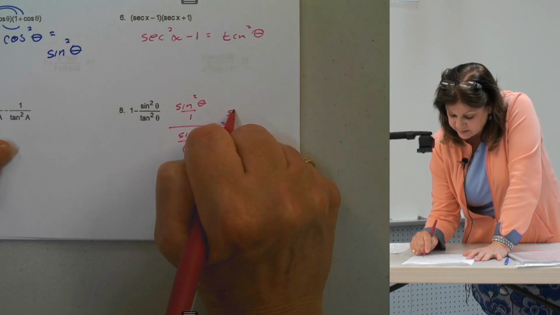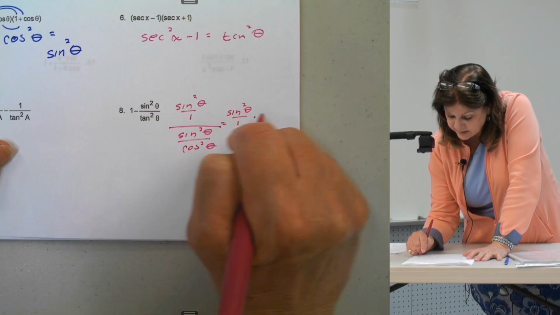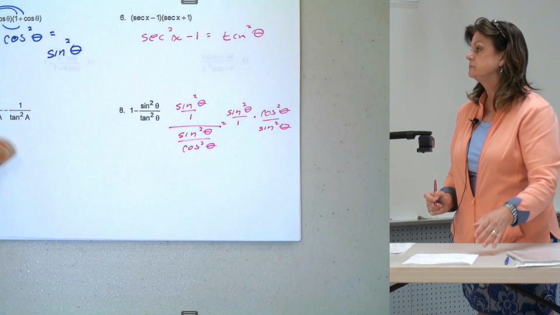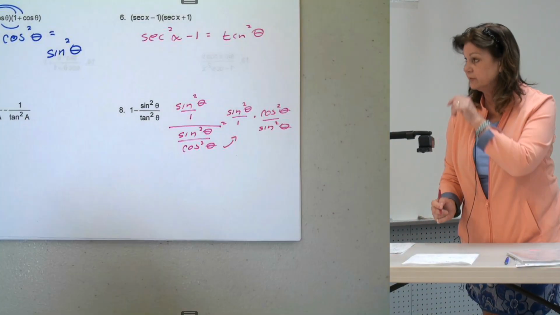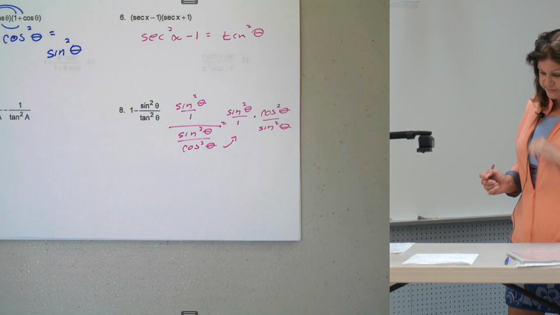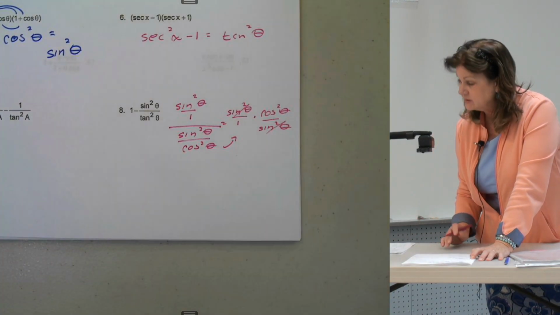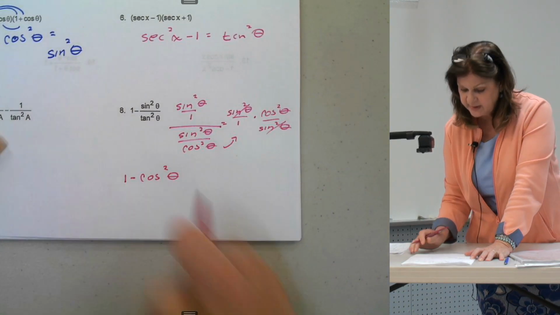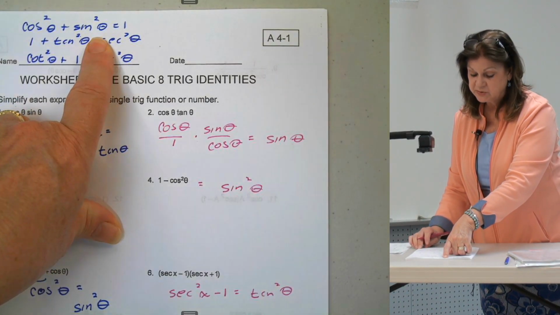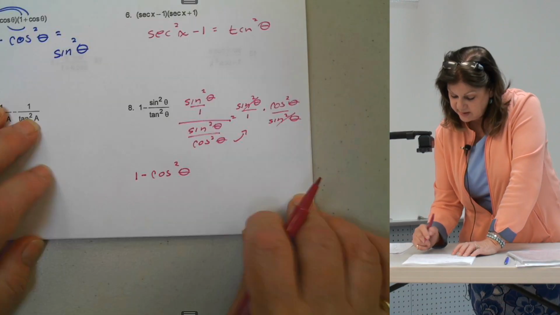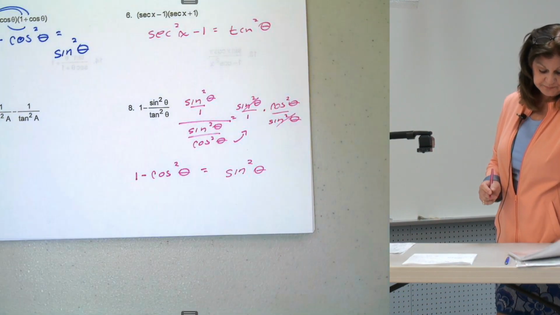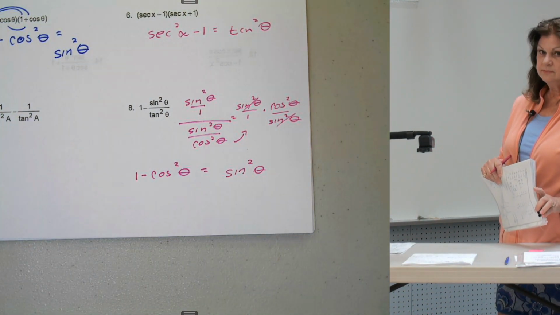So I've got sine squared theta over 1 times cosine squared theta over sine squared theta when I flip this into the numerator. My sine squares are going to cancel out. And now I've got 1 minus cosine squared theta. Granddaddy equation, that gives me sine squared theta. We agree?